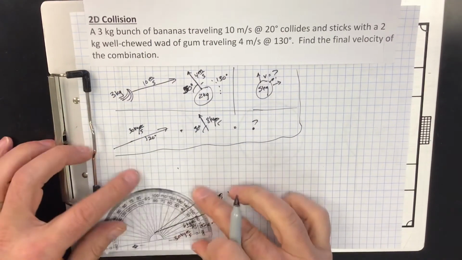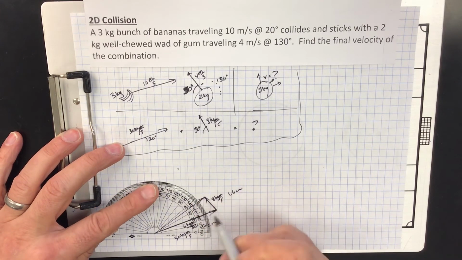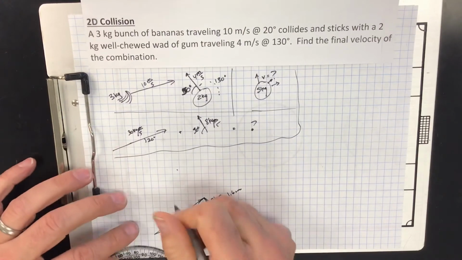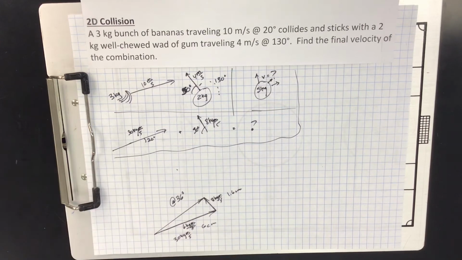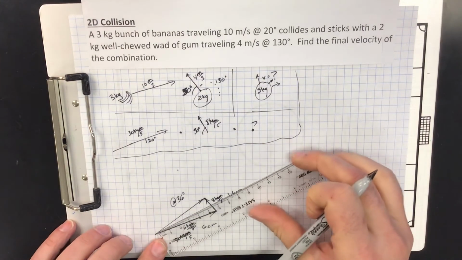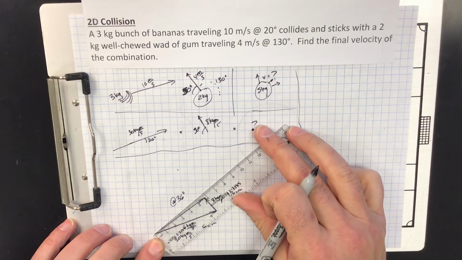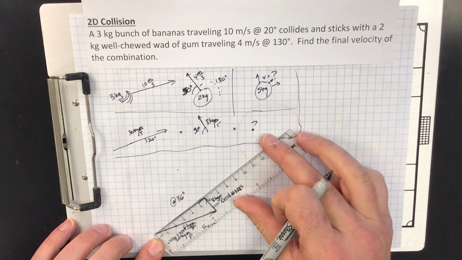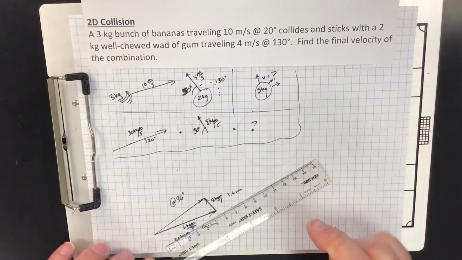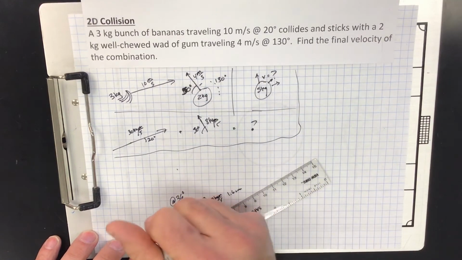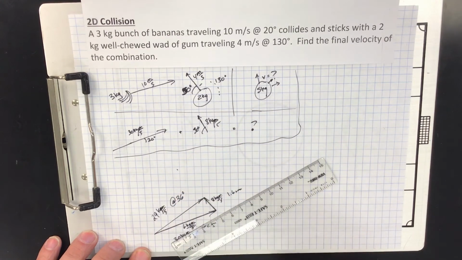So the momentum arrow, momentum direction will be 36 degrees. And the magnitude is about 58 centimeters, 55.8, 29 kilogram meters per second at 36 degrees.